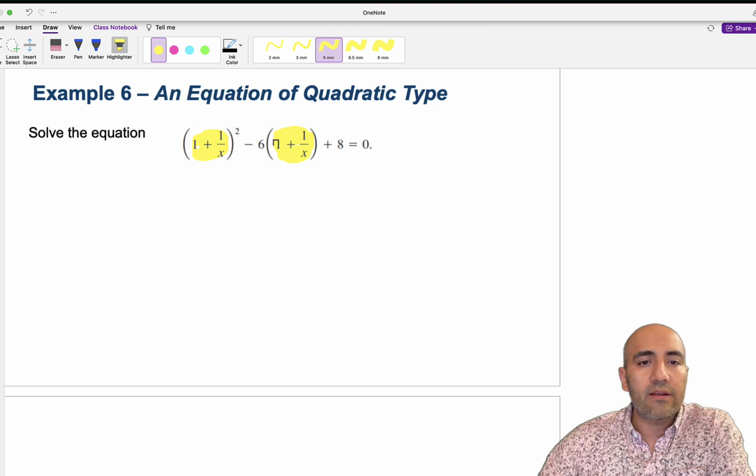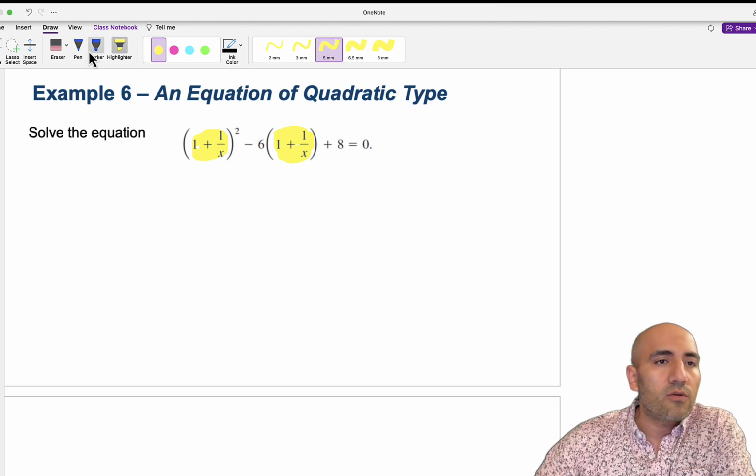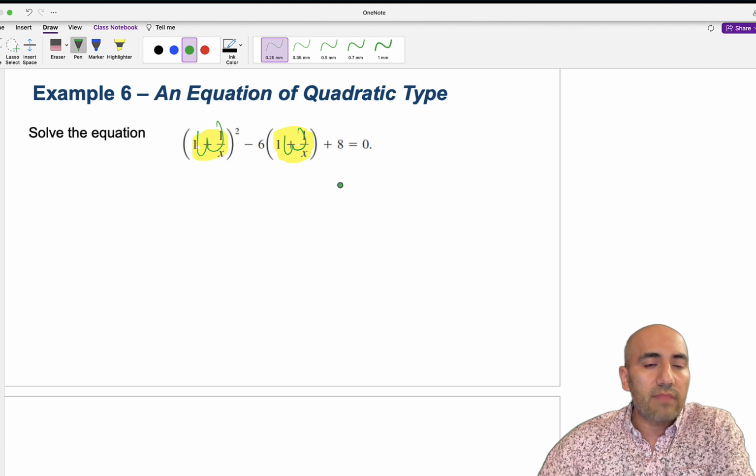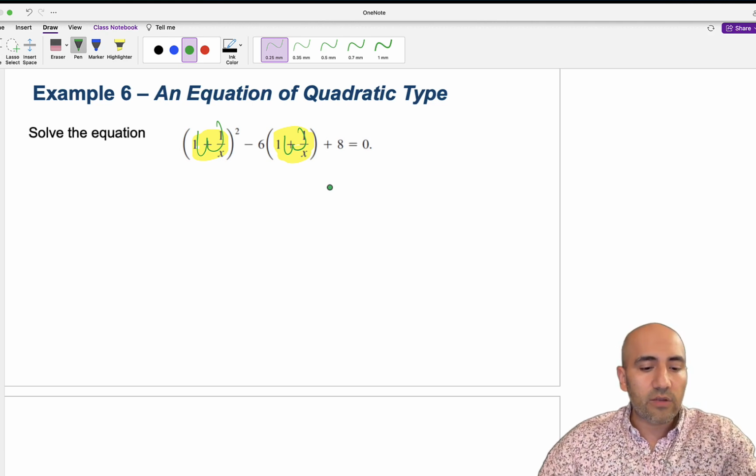It's something squared minus something to the same power, right? Like if I had a letter here, like a giant W, W squared minus 6 times W plus 8, then that would just be a quadratic. So that's the strategy we're going to use here.